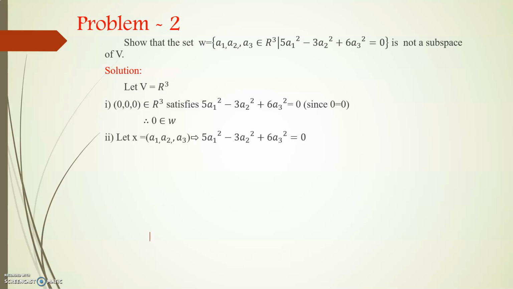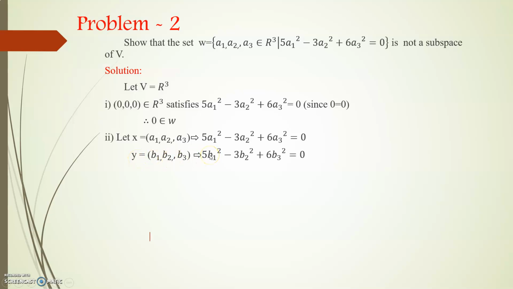Next condition. Let x be equal to a1, a2, a3, which implies, we have to write in the given format, 5a1 square minus 3a2 square plus 6a3 square equals 0. Then consider another vector y equal to b1, b2, b3.